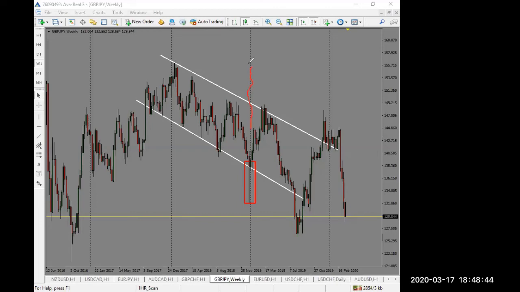Likewise, the upper trend line would be your resistance. When the market is trending down, it's going to slant to the downside, and when the market is trending upwards, it's going to slant to the upside. So that is our resistance.